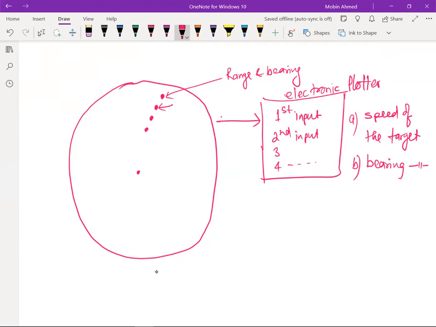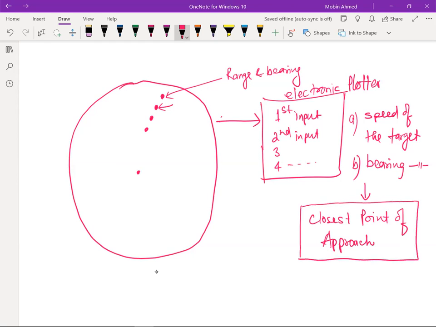Both are given. So this is going to determine the closest point of approach. Closest point of approach. This is known as a CPA.